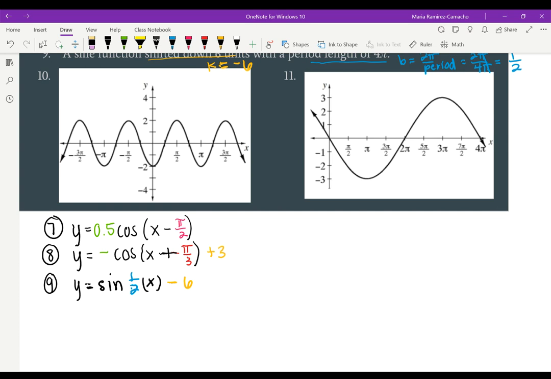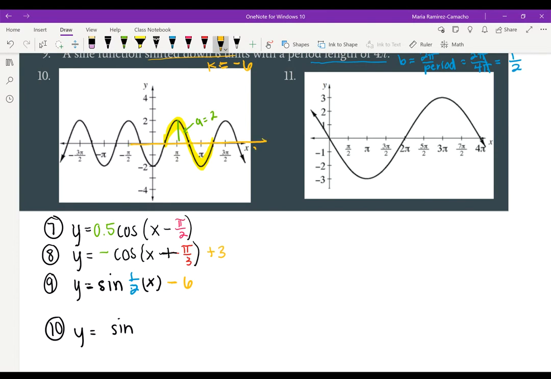So for 10, we can think of this as a cycle of sine starting at pi over 4 and ending at 5 pi over 4. So we can use this to create an equation with sine.